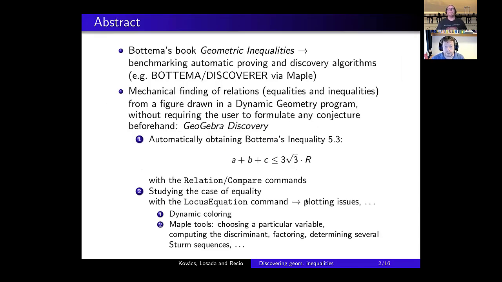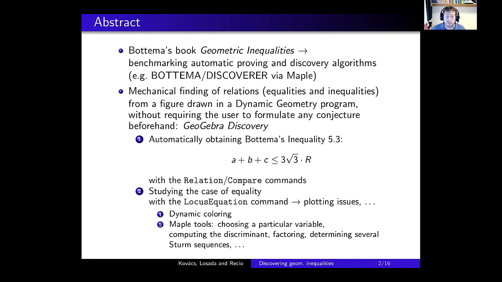The topic is about a geometric inequality that was studied very deeply, among other inequalities, by Bottema and his colleagues in the 60s. And we used, first of all, GeoGebra, because it is a classroom tool, a free tool. And we managed to prove this inequality, but not the equality part.